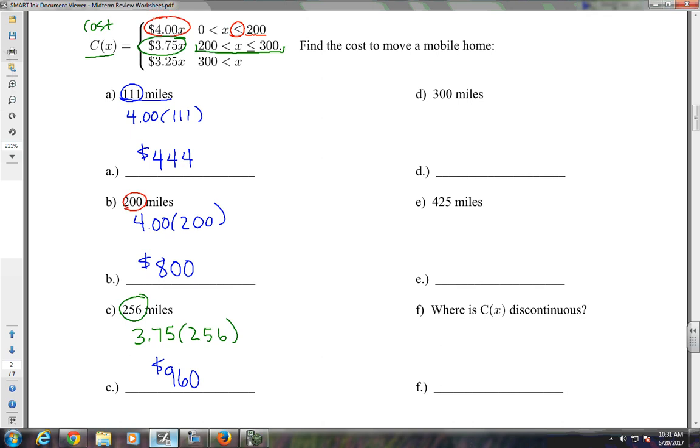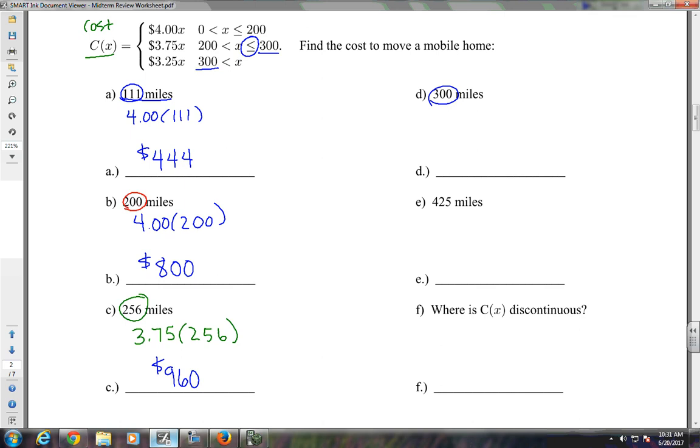All right, let's continue. Next value is x equals 300. So I have to figure out where 300 fits in my restrictions. 300 appears in two places in this piecewise defined function, but we're only going to use the middle line because that allows for the possibility that x equals 300.